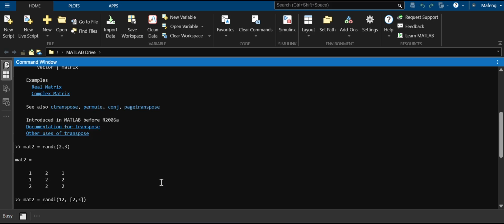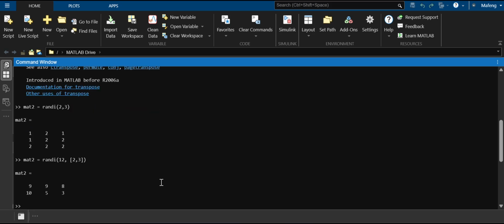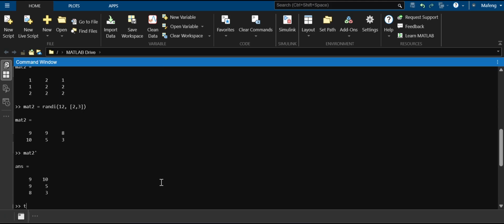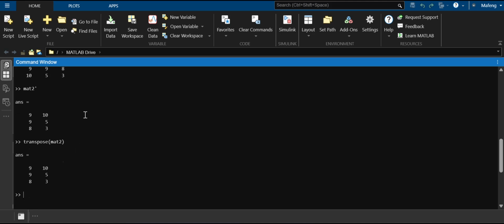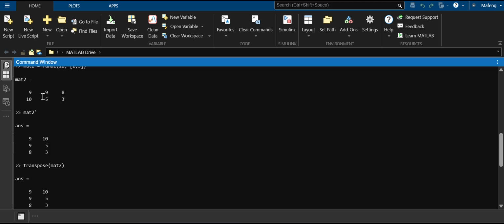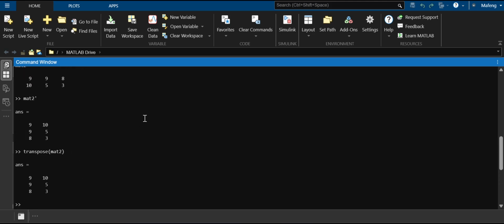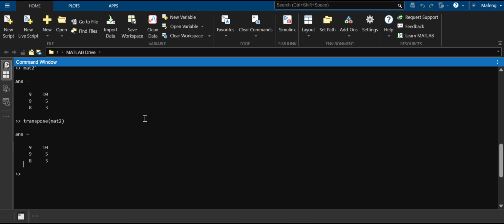To transpose this, we could just add an apostrophe or use the transpose function on mat 2. It gives the same thing. Right, so it just interchanges. The first column becomes the first row, second column becomes the second row, third column becomes the third row. So rows and columns are interchanged. If you transpose a column vector, it becomes a row vector, and a row vector becomes a column vector.